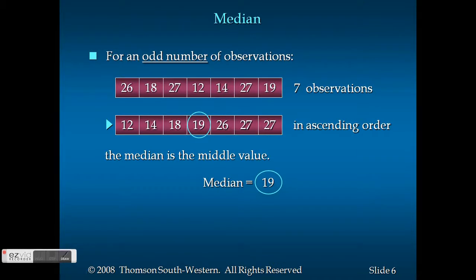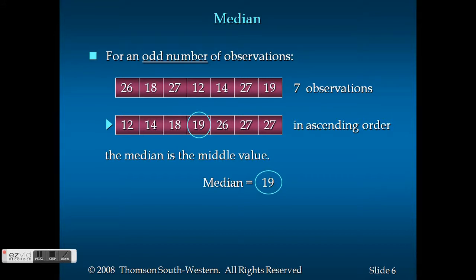So for median, there are two different cases. One if there's an even number of total observations, and one if there's an odd number of total observations. If there is an odd number of total observations, the way that you find the median is you just take the middle number, and the value of the middle number is the median. In this case, it's 19. Now, if there is a larger number of observations, it's not so obvious as to what the middle number is.